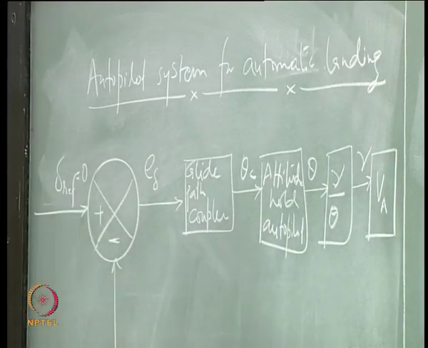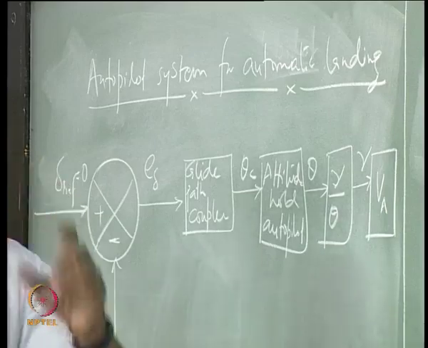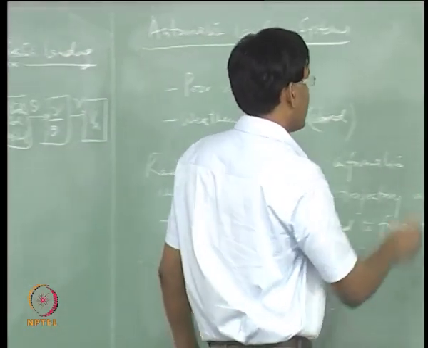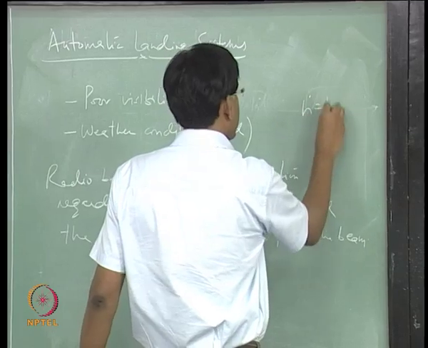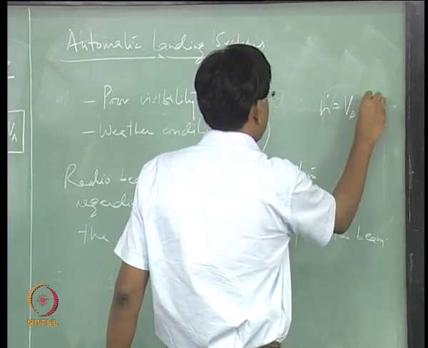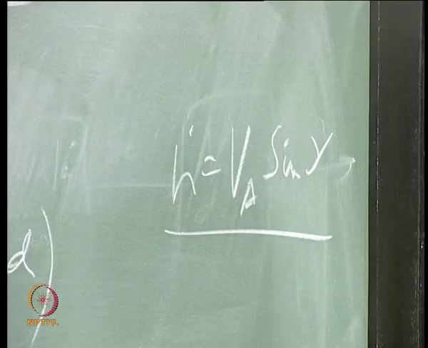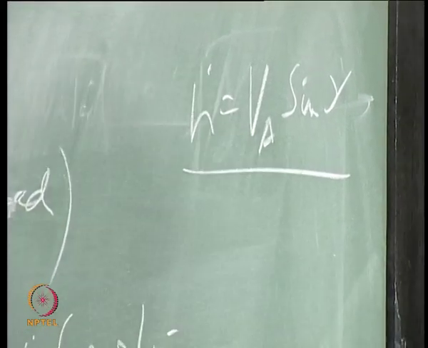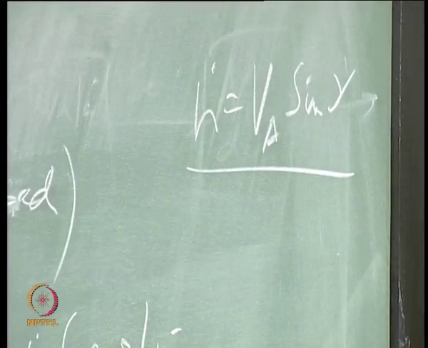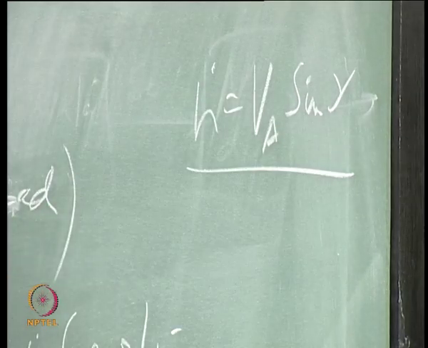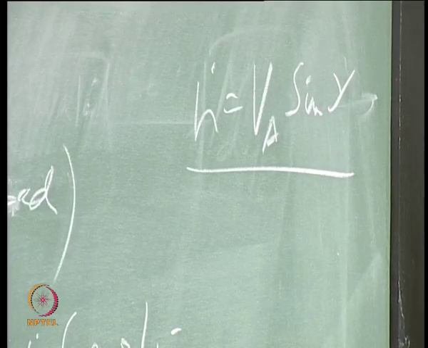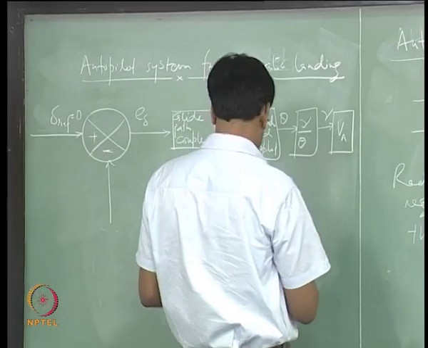V A into gamma is actually resulting in, if you look at the altitude, the rate of change of altitude, which is V A sin gamma, also called rate of climb or rate of descent.